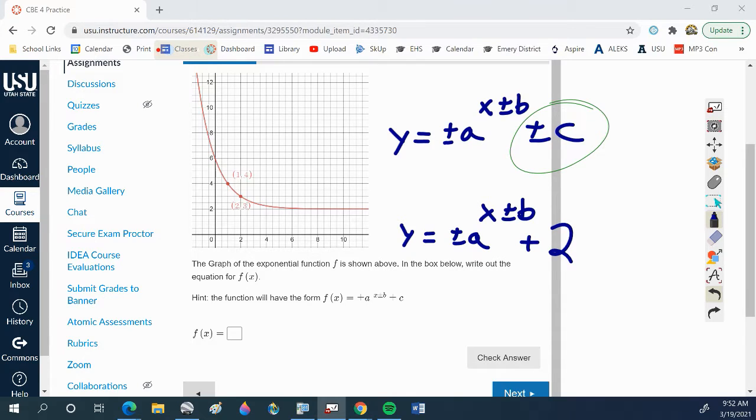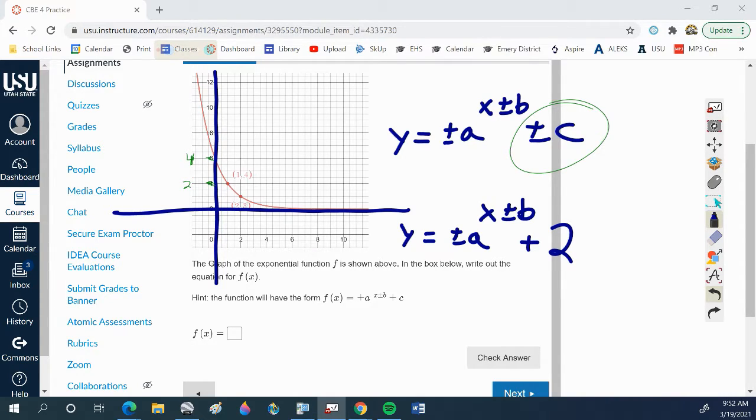Does everybody understand where the 2 came from? So let's now remove the 2 from the graph and see what happens. So I'm going to draw a new coordinate system right here. Right? So this 6 is really a 4, and the 4 is really a 2.